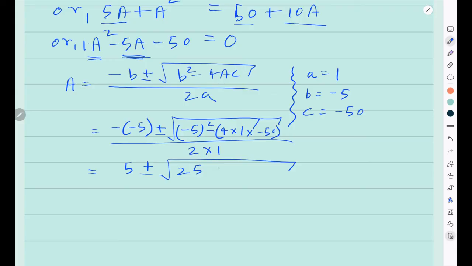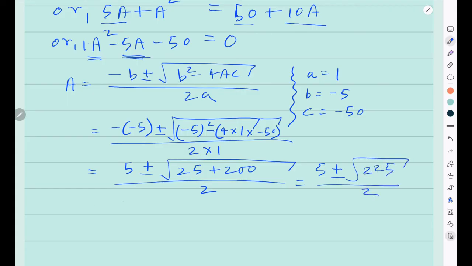So this is 25, and then these two plus put together is 200, divided by 2, that gives us 5 plus minus square root of 225 divided by 2. It means 5 plus minus 15, because square root of 225 is 15. And then we are getting two numbers basically. One number is 5 minus 15, that is minus 5, and another number is 20 by 2, means 10.